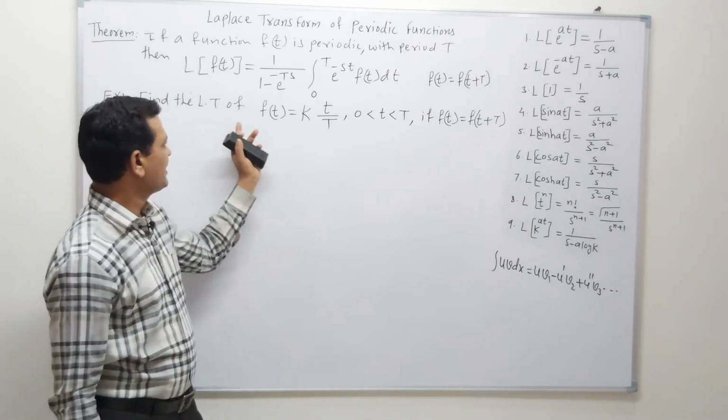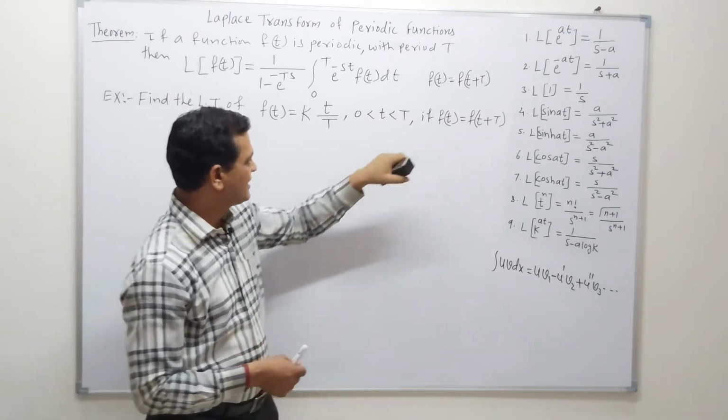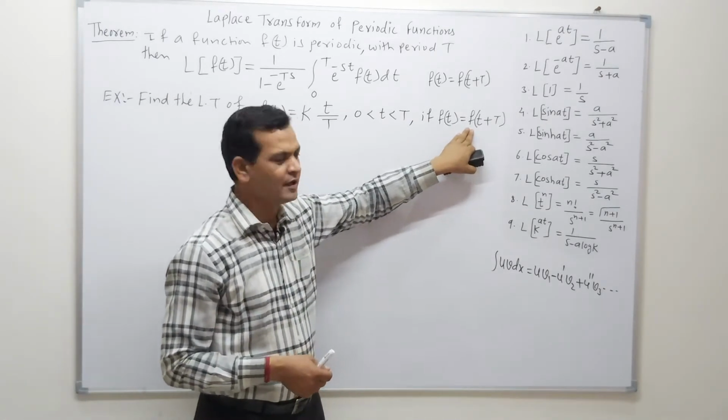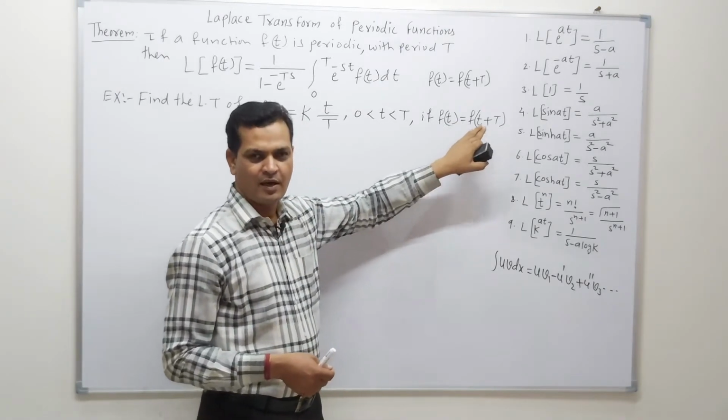To find out the Laplace transformation of this function, we have to apply the periodic function concept because of the condition given here, so value of f of t is equal to f of t plus capital T.